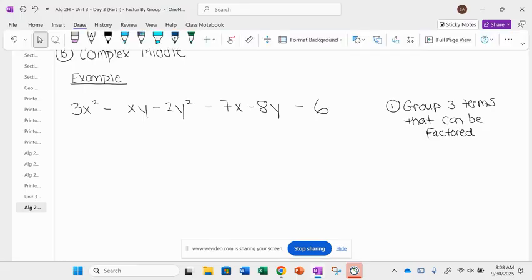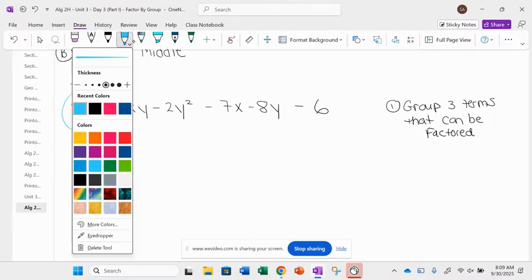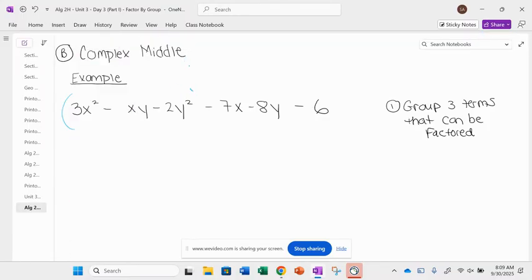So I'm going to group these first 3 terms, and then I'm going to factor the first 3 terms.